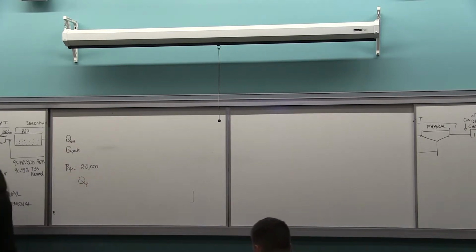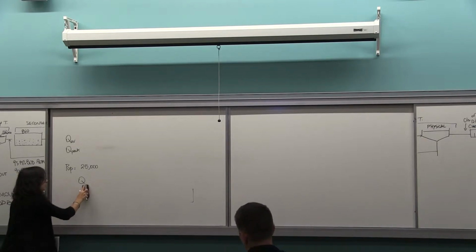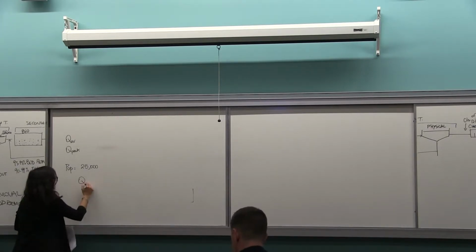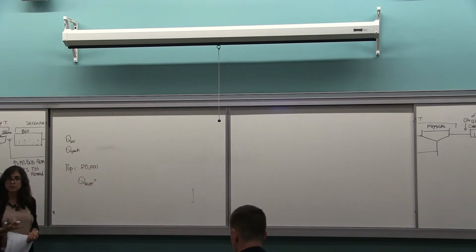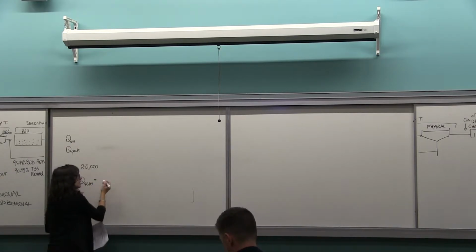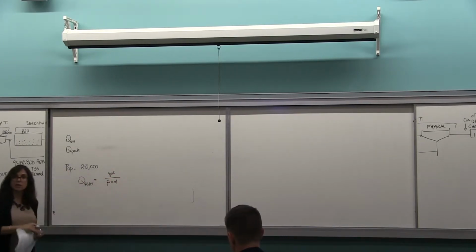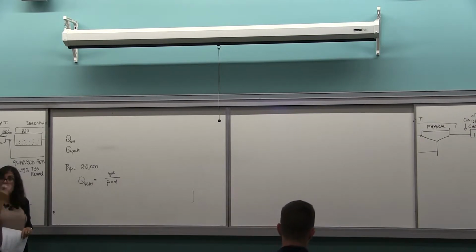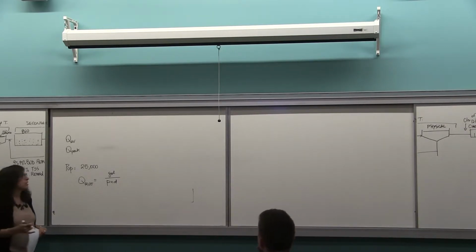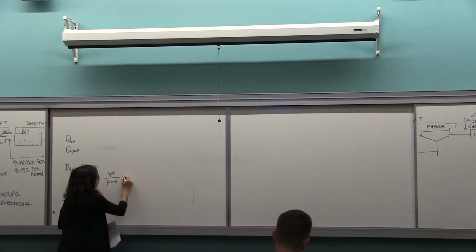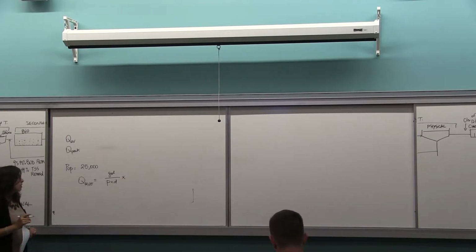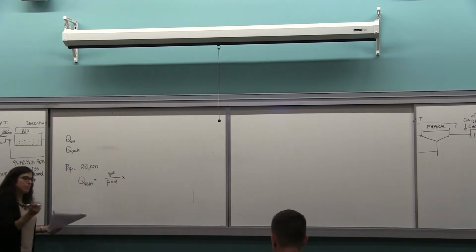The average flow rate is going to be the water demand, so the per capita, the gallon per person per day, that water usage per day by person, multiplied by the number of people, right?